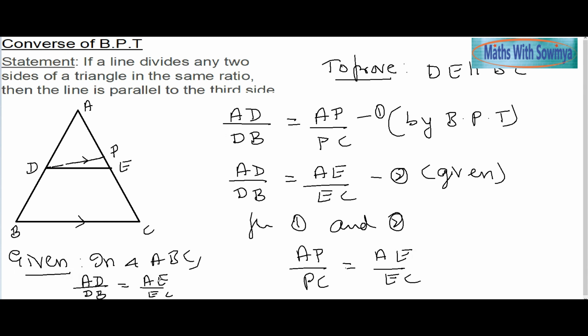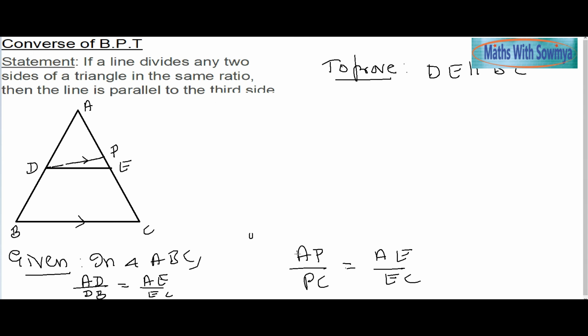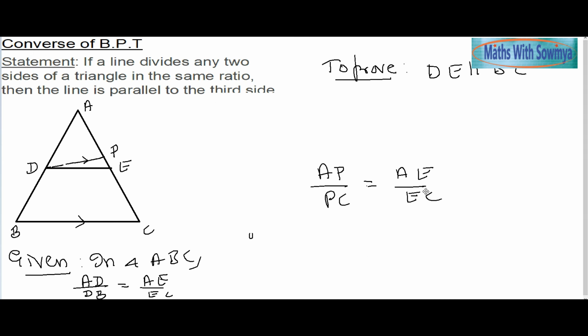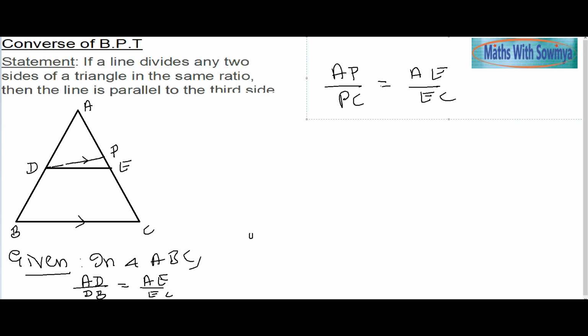I need to prove that DE and BC are parallel. We can just add 1 on both sides. So adding 1 on both sides, I shall say AP by PC plus 1 and AE by EC plus 1.